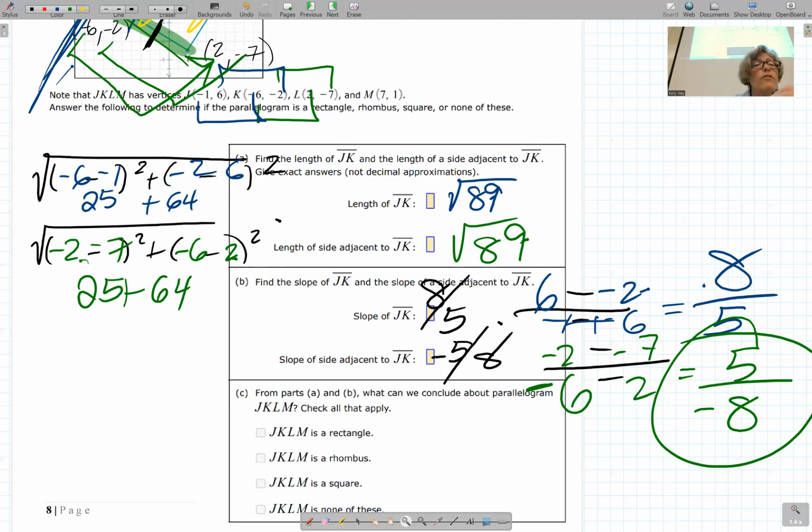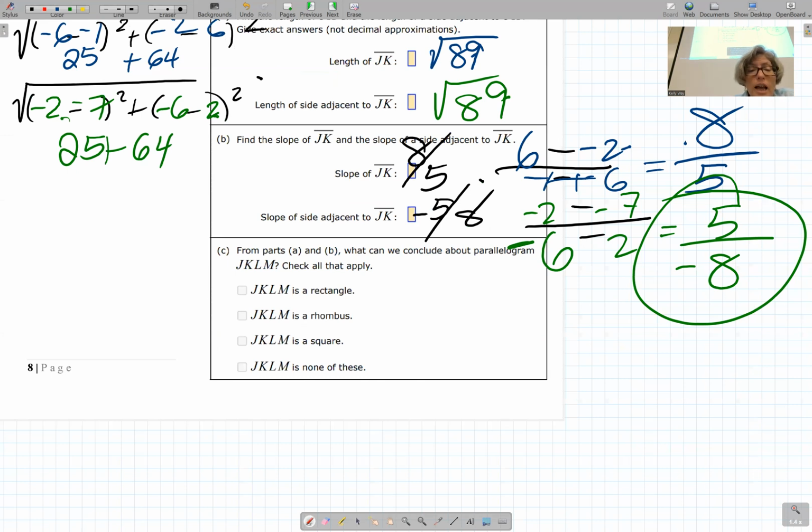So what does it qualify as? If it qualifies as a square, it already qualifies as a rectangle because a rectangle just has the right angles. And it also qualifies as a rhombus because a rhombus has congruent consecutive sides. So heads up, if you check square, the other two are automatically equal.